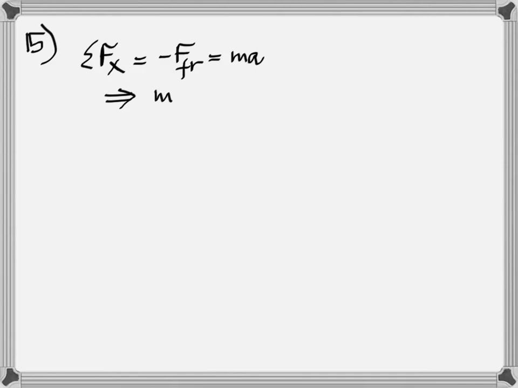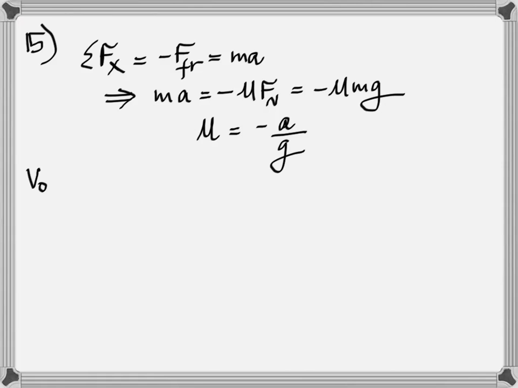Again, the only force is the force of friction, so that's equal to minus mu Fn, which is minus mu mg. The masses are again cancelled here, so you get A is equal to minus mu g.